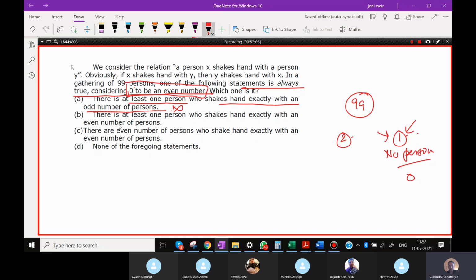The second one says there is at least one person who shakes hands with exactly an even number of persons, which is correct. So option B. Option C says there are an even number of persons who shake hands with exactly an even number of persons. If I take pairs of two, that means 98, which is 49 plus 49, which means the third statement is not true.